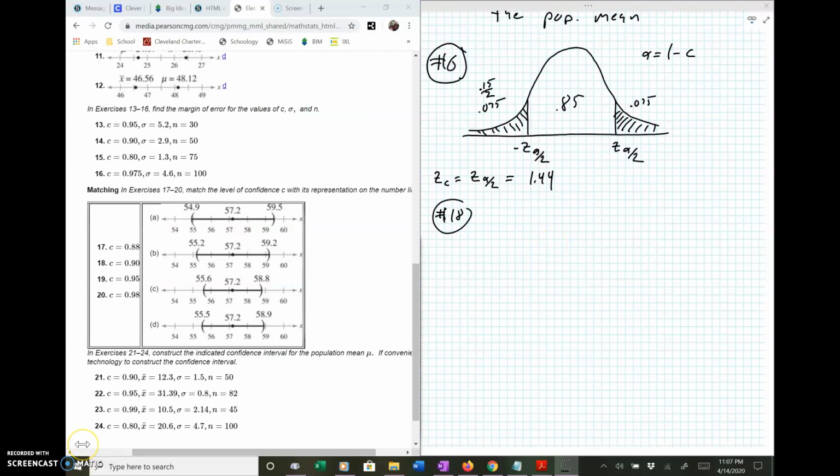I forgot, number 6, you got to do 5 to 8. Number 18 I'm going to do, you have to do 17 and 19. Now the key concept is over here, recognizing these numbers. The bigger the confidence level, the wider the interval. Number 18 is the C equals 0.90.